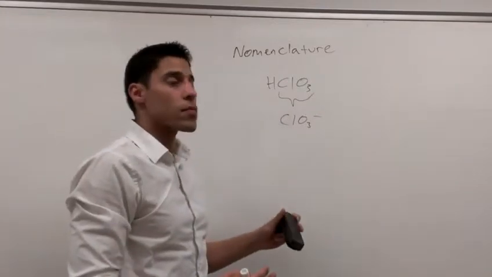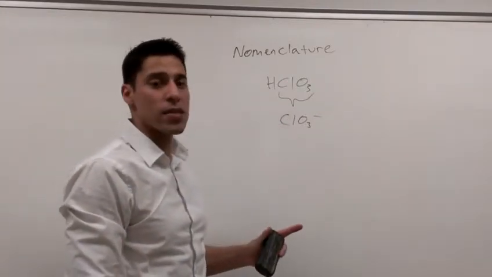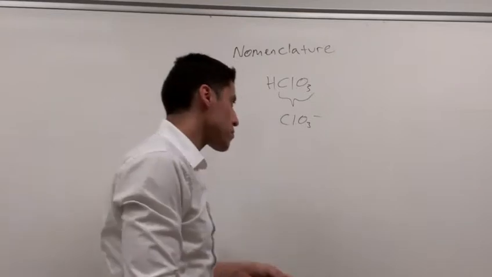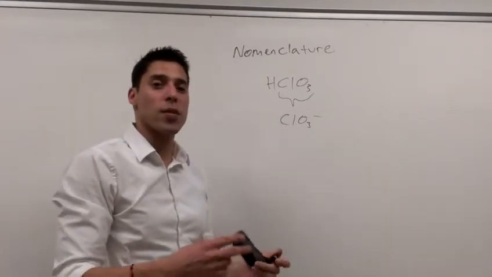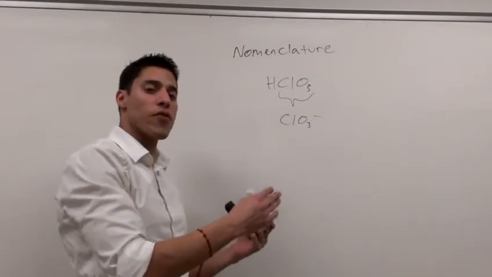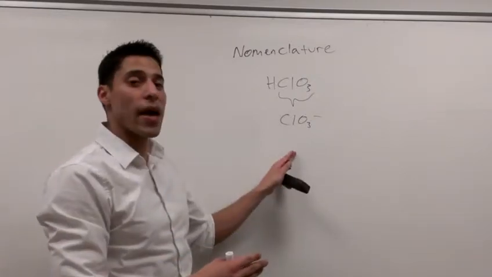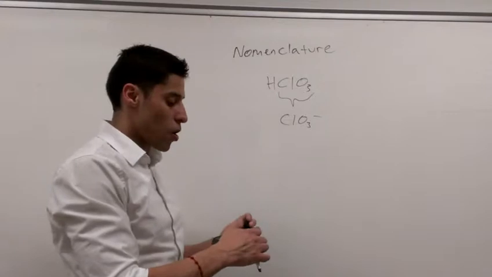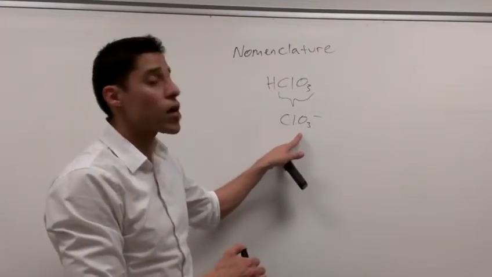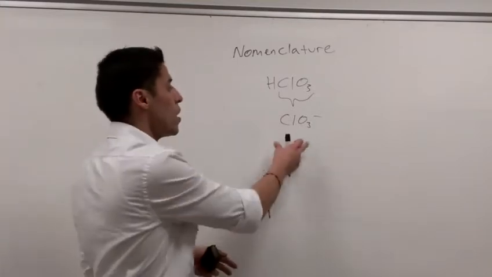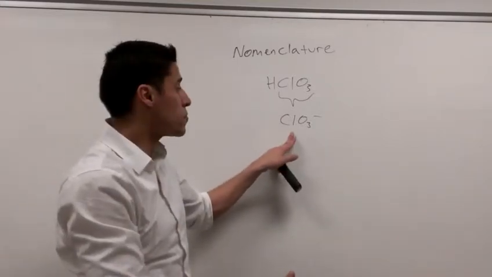So in naming oxyacids, there's a couple rules you're going to follow. First, the prefix. For the binary acid, the prefix was always hydro, but for the oxyacid, the prefix follows whatever prefix the oxyanion had. In this case, this is just chlorate.